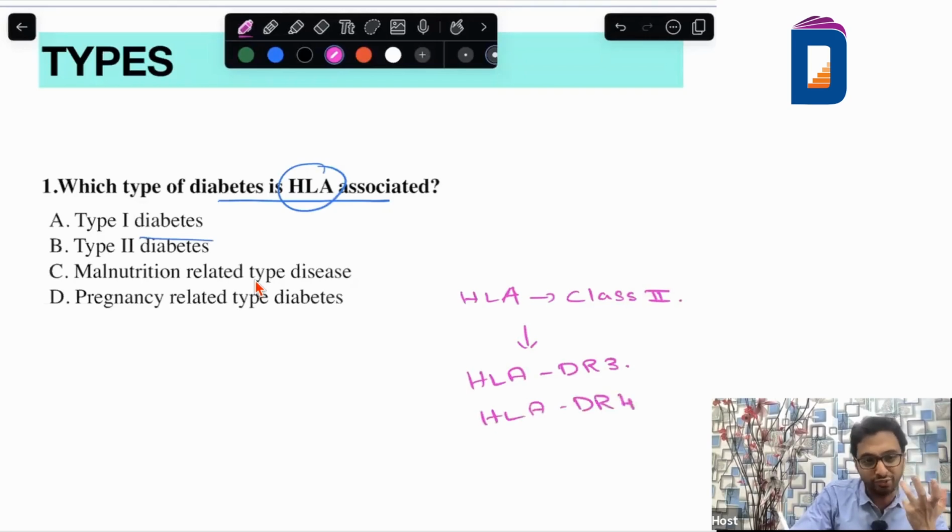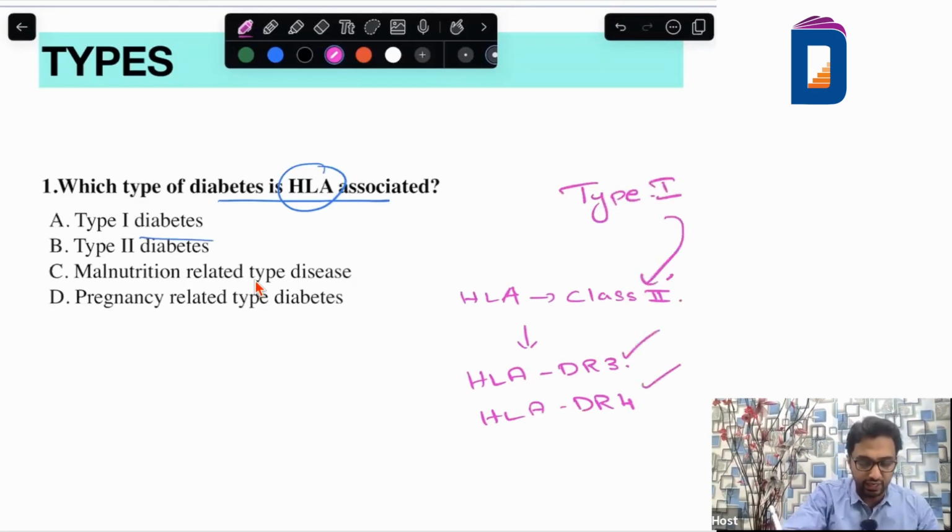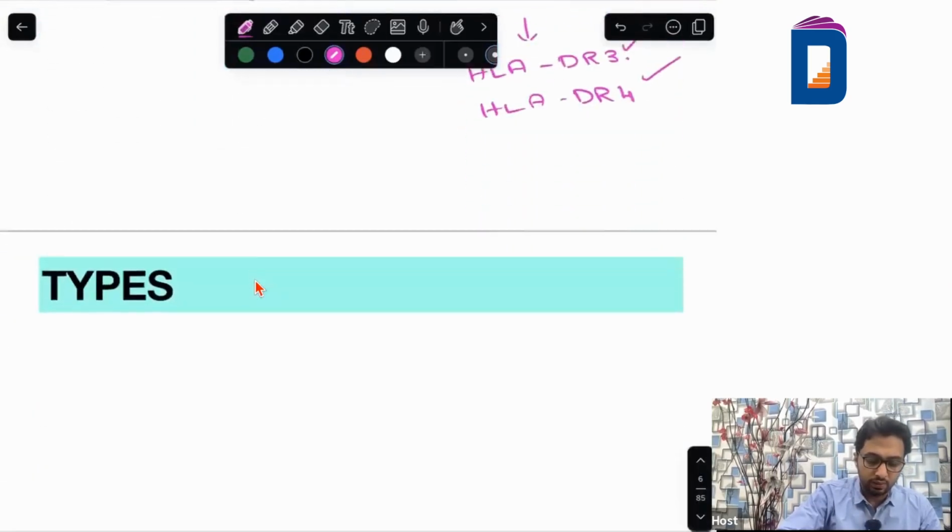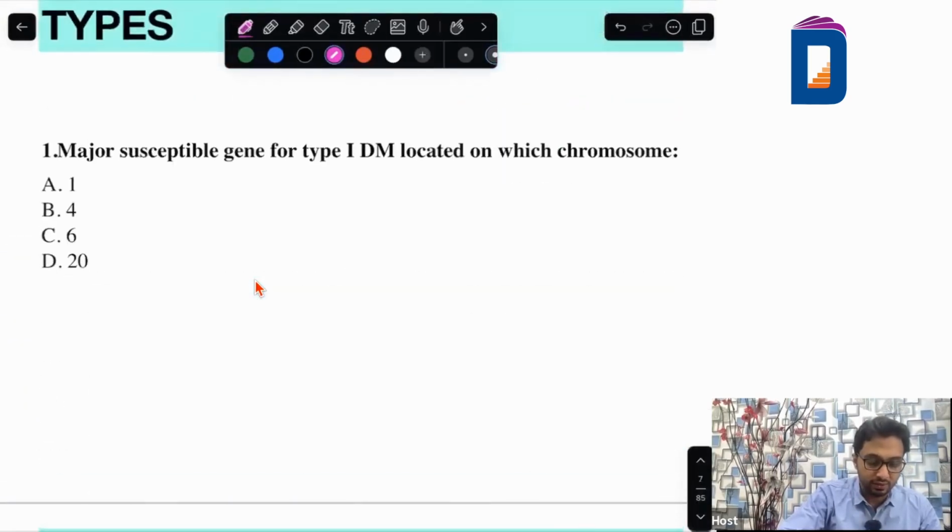Remember HLA DR3 and DR4. So type 1 is associated with HLA class 2, which is DR3 and DR4. Now, what's the next question?